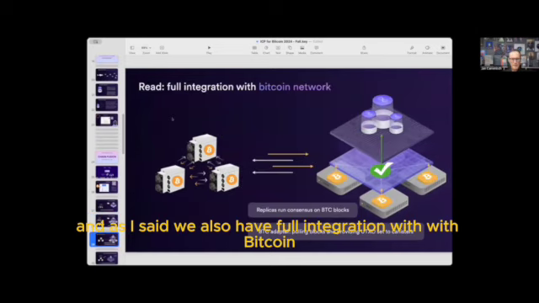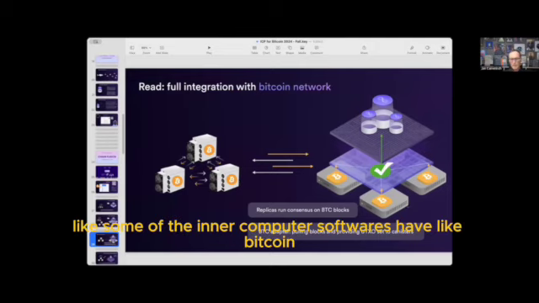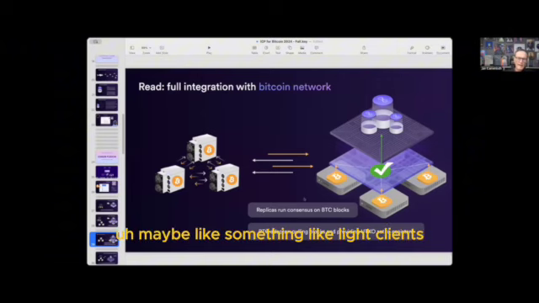And as I said, we also have full integration with Bitcoin. So the nodes of some of the Internet Computer subnets have something like Bitcoin light clients, and they pull from the Bitcoin nodes all the UTXOs, all the blocks, and then make those UTXO sets available as one service, but also the blocks, we're working on that, full blocks.